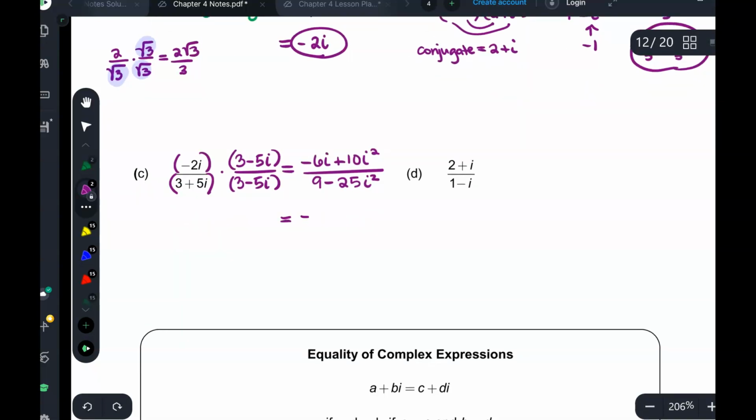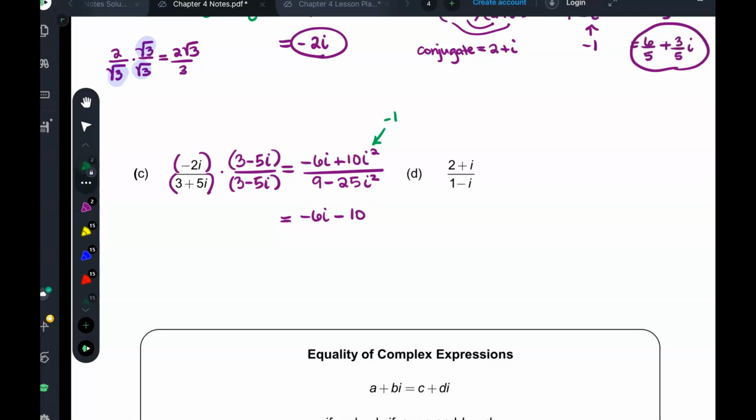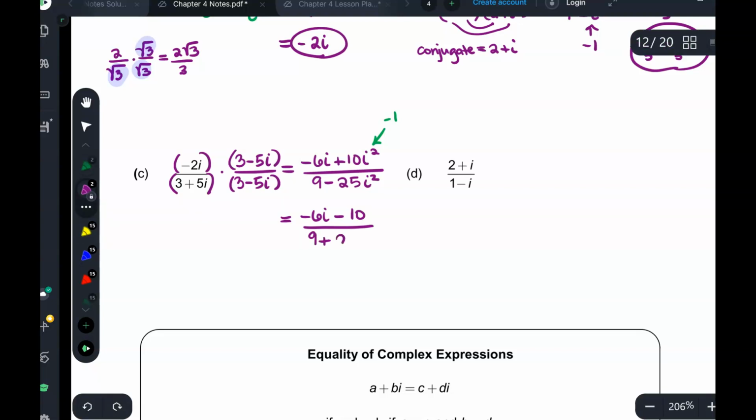In the numerator, this will be -6i minus 10, again, that i squared is -1, so it basically just changes the sign. In the denominator, I'm going to get 9 plus 25, because again, i squared was equal to -1, so it's like minus 25 times -1, that makes it plus.